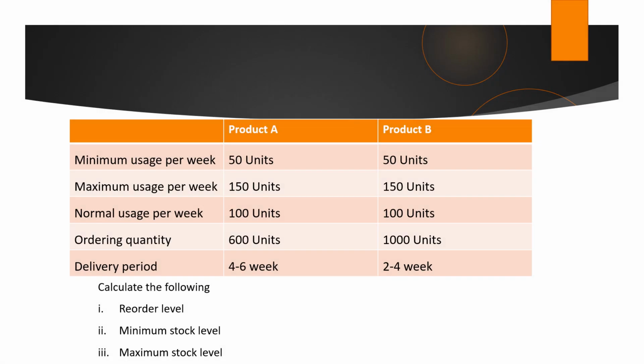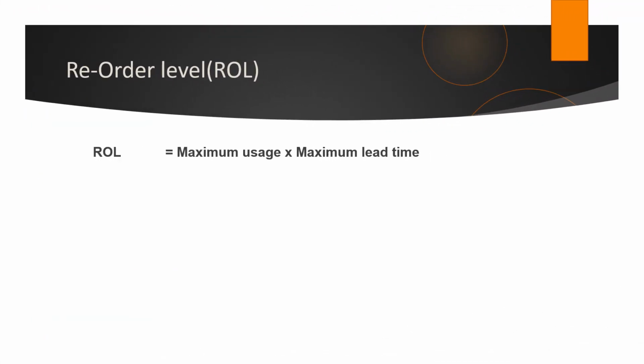Now let's see this question. There are two products, A and B, and we have been given the minimum usage, maximum usage, normal usage, as well as ordering quantity and the delivery period. So we need to calculate the reorder level, minimum stock level, as well as maximum stock level. Let's calculate the reorder level.